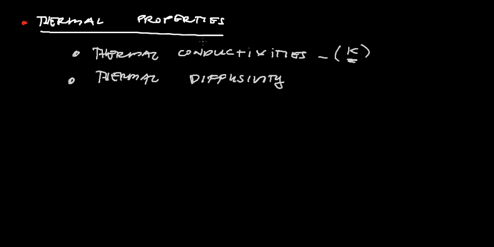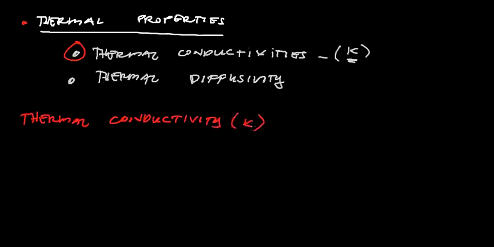So let me have this specific section, the thermal conductivity, or our letter K. Okay. And in our previous computations, we have used this property as what? As constant, right?